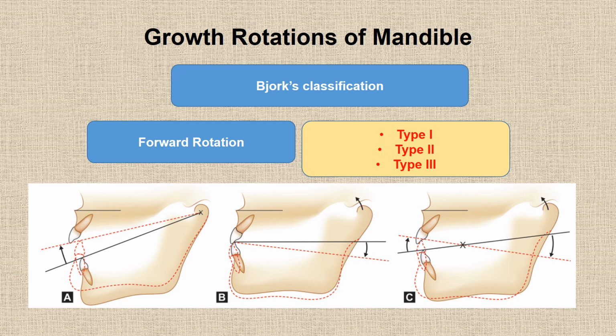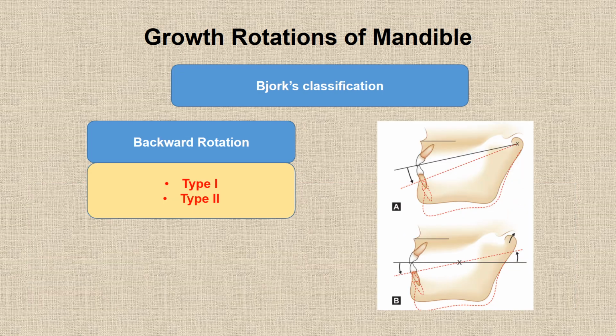In type 2, the fulcrum of rotation is on the incisal cortex. And in type 3, the fulcrum is on the premolar tooth. Now, backward rotation has two types: type 1, with the fulcrum of rotation in the condyle, and type 2, with the fulcrum of rotation in the premolars.